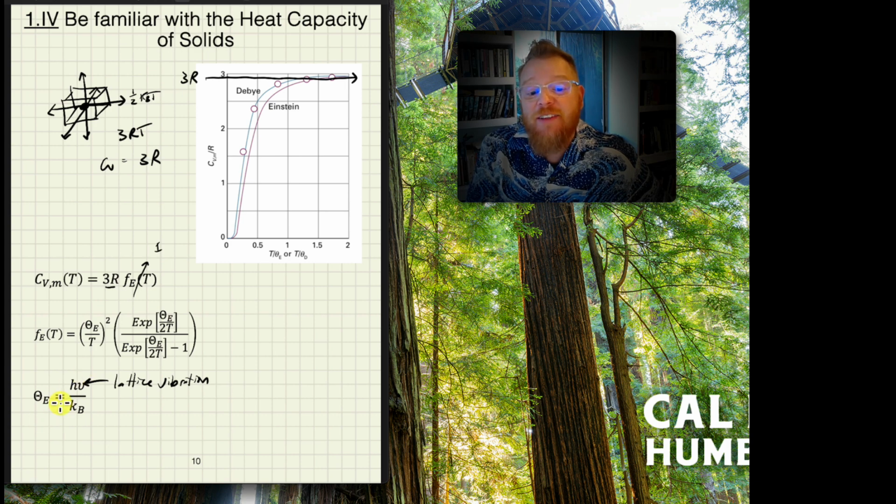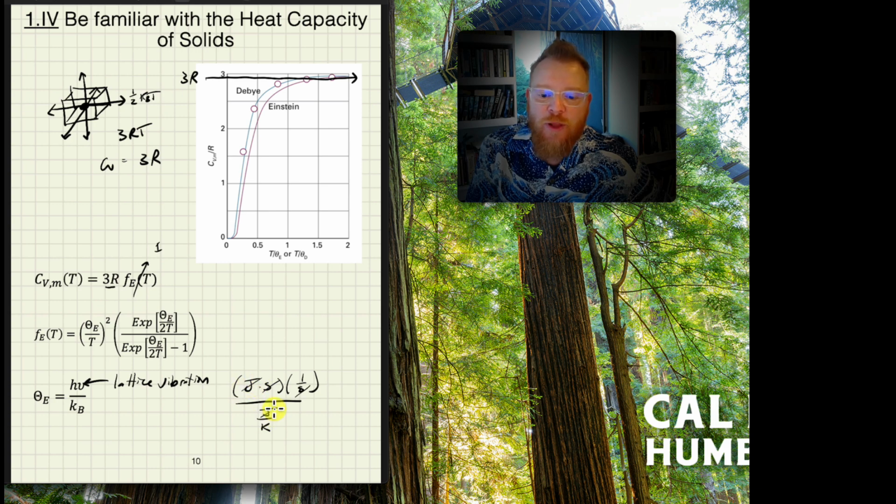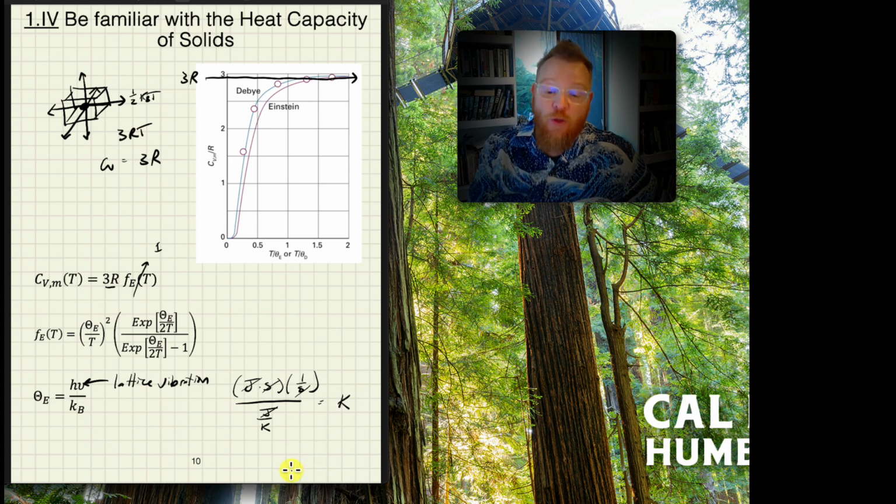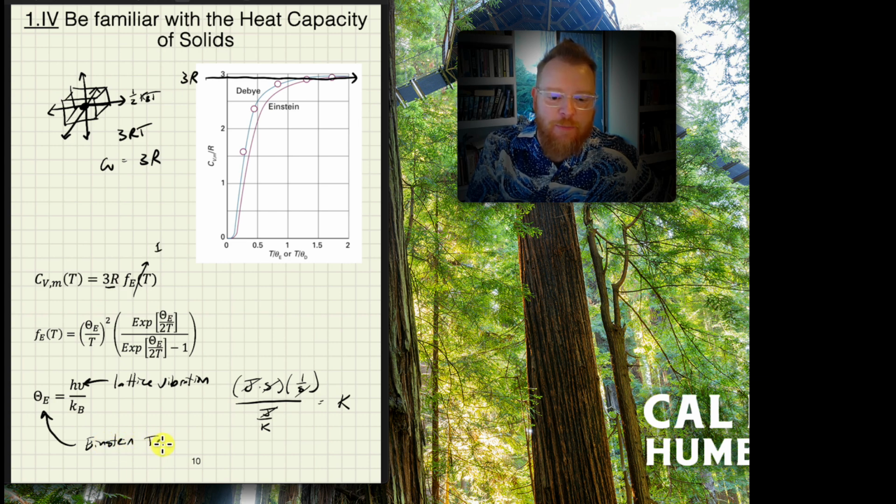If we inspect the units of this equation, Planck's constant is a joule times a second, the frequency is 1 over seconds, and k Boltzmann is a joule per Kelvin. So the seconds cancel, the joules cancel, and we're left with 1 over 1 over Kelvin, which is just Kelvin. So what this quantity represents is what we refer to as the Einstein temperature.